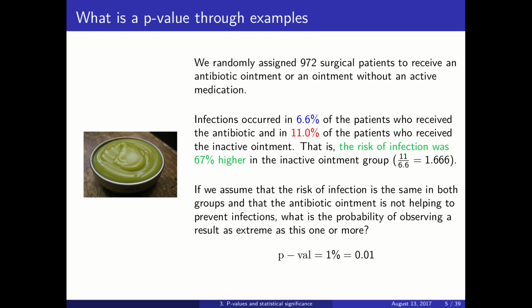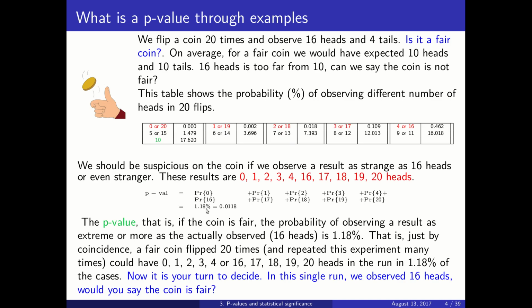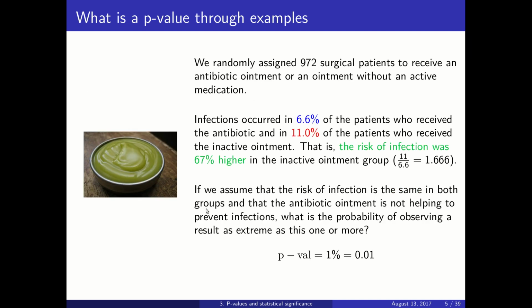Now let's see a less common example. The coin example is really simple and we all understand it, but this is the actual use, and the reason why all these hypothesis contrasts are useful. Let's say that we have almost 1,000 surgical patients, and after the surgery we apply an antibiotic ointment or an ointment without the active medication.